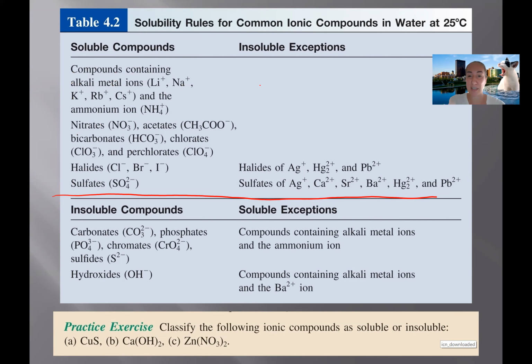But if you go down to the bottom part of the chart, it flips it on you. Now on the left, you'll have what's typically insoluble, typically carbonates, chromates, sulfides. All those things are insoluble, except the exceptions are on the right-hand column. So it kind of flips it.